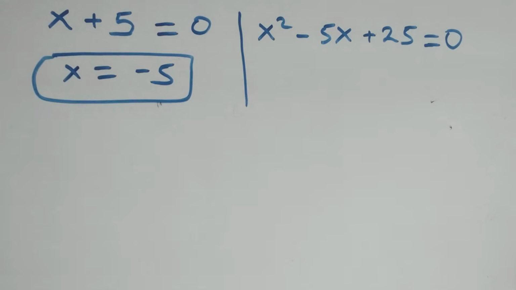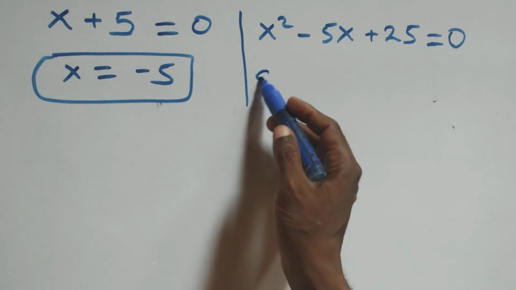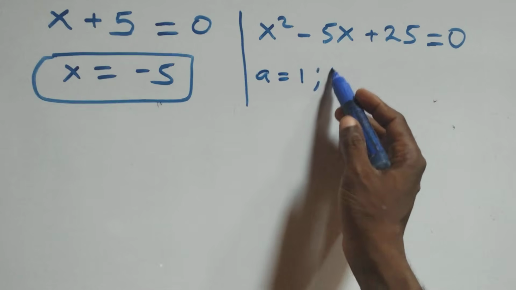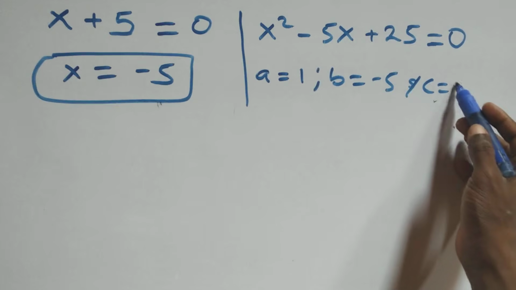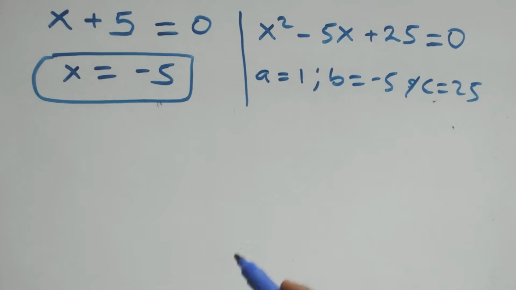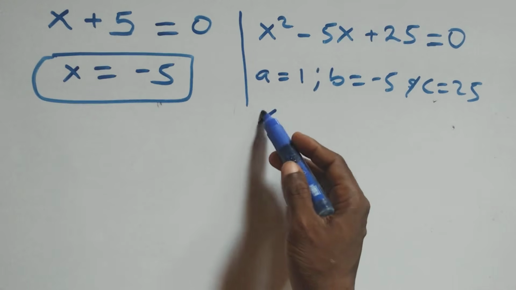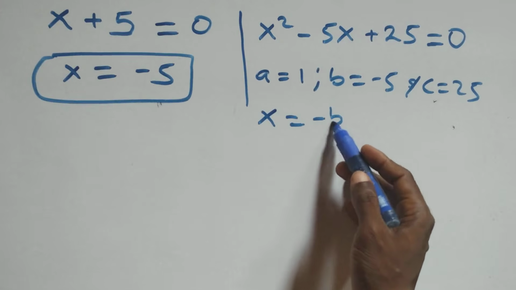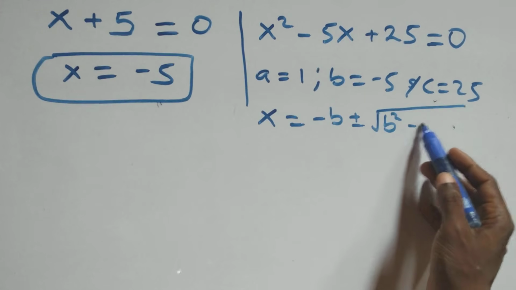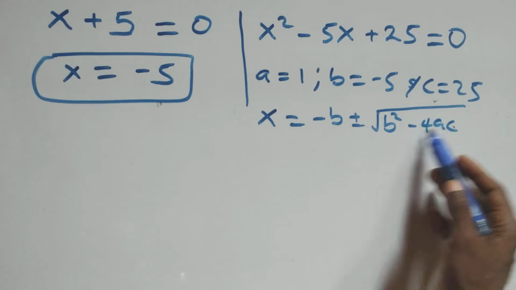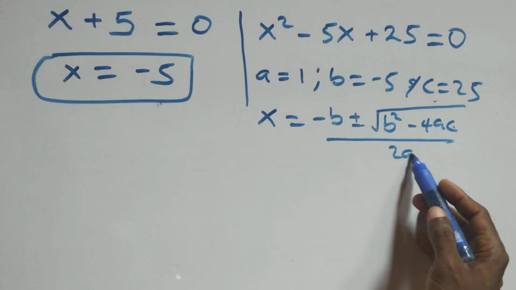Here we have a quadratic equation where a equals 1, b equals minus 5, and c equals 25. Then applying the quadratic formula, x equals minus b plus or minus square root of b squared minus 4ac, all over 2a.